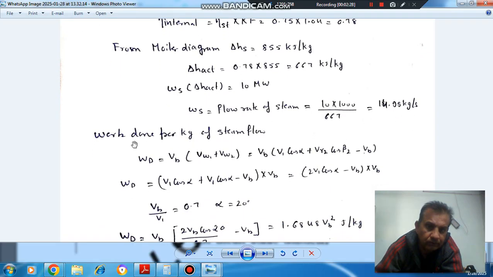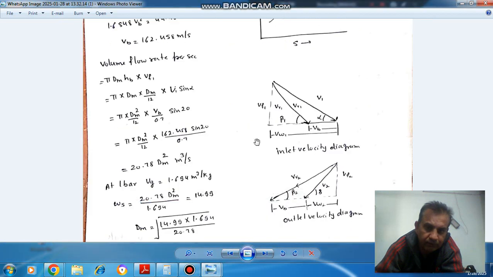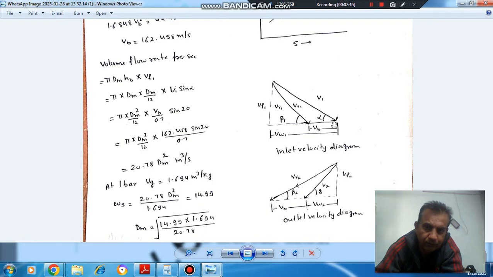Now the work done in one stage of steam is given by the summation of whirl components times blade velocity. Whirl component VW1 is V1 cos alpha from the velocity diagram, and VW2 is VR2 cos beta 2 minus VB.